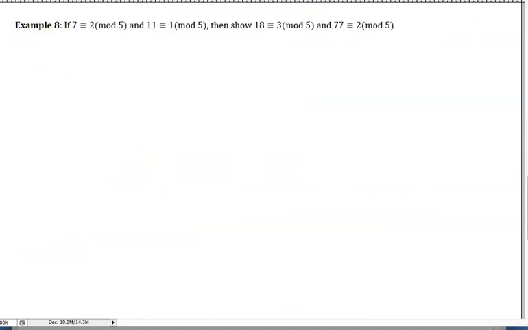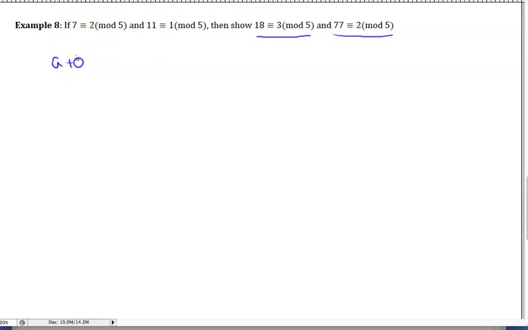Okay, so let's use those properties on this example. 7 is congruent to 2 mod 5 and 11 is congruent to 1 mod 5; show these congruencies. Basically I noticed that 18 is 7 plus 11.